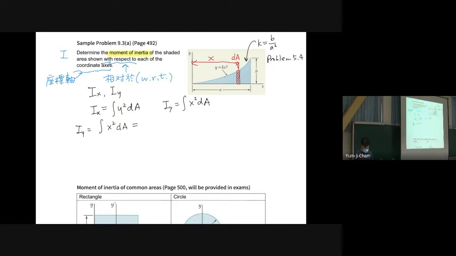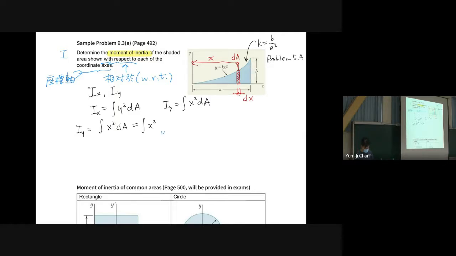And therefore, we have x squared, and then we have dA. The width of this slice is dx, right? So we have dA is equal to y dx.